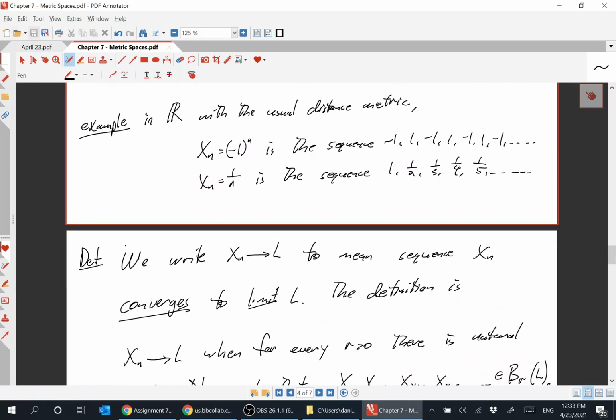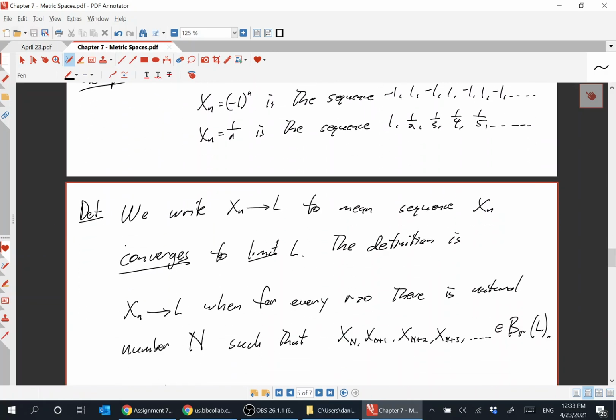All right. Convergence. So here's the big idea. We write x_n arrow L to mean, not x_n implies L. I know it's the same notation as implication in propositional logic, and that's just part and parcel of mathematics, that the same notation is used for different things.